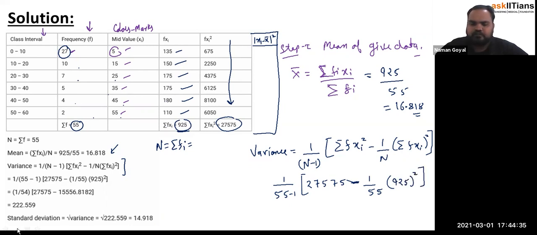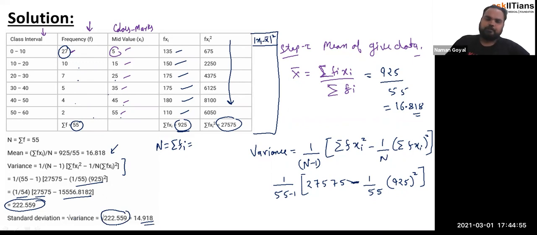If you solve this, it will be 1 upon 54, and after calculation you will get the answer. For standard deviation it will be root of variance, and if you take the square root of this one, you will get 14.918.